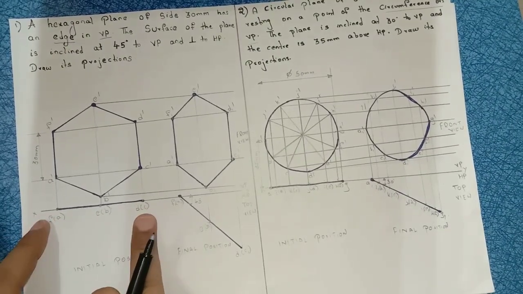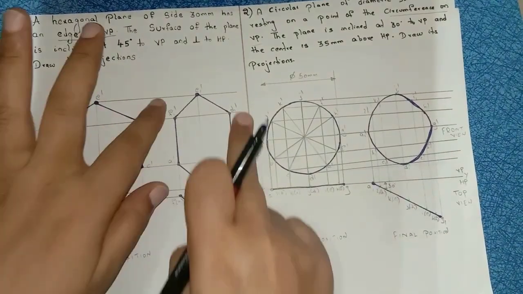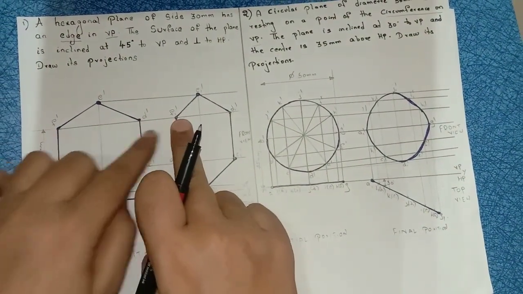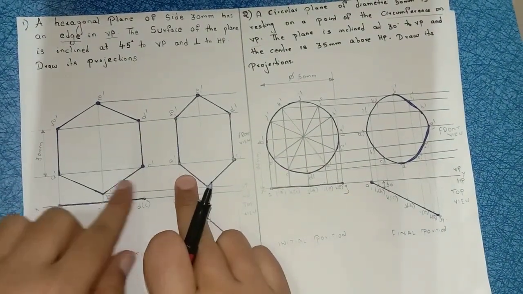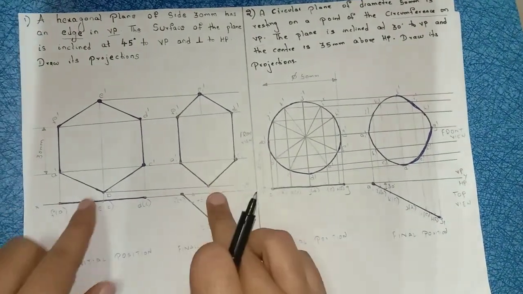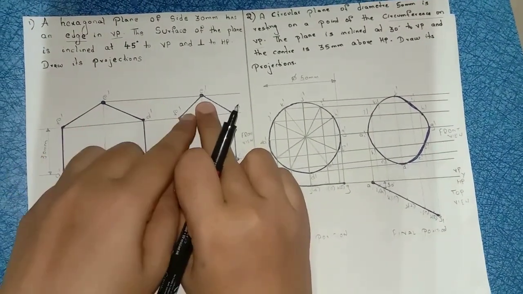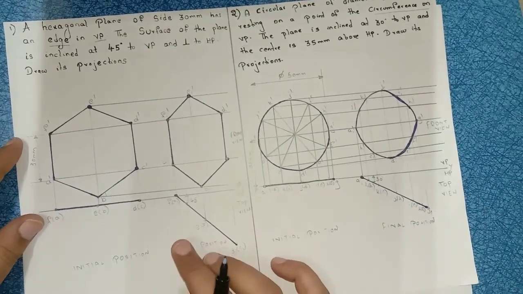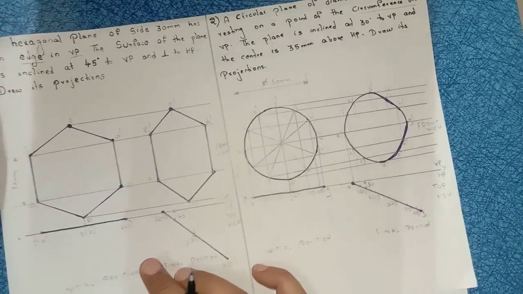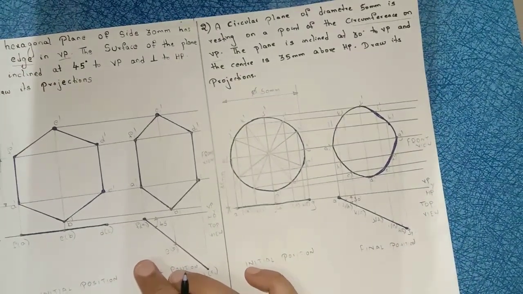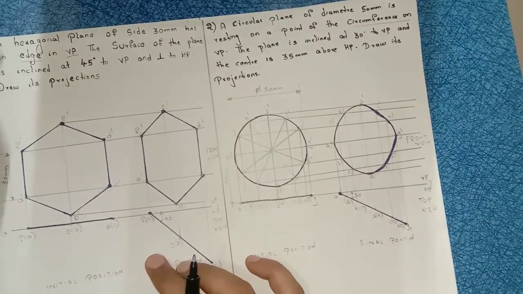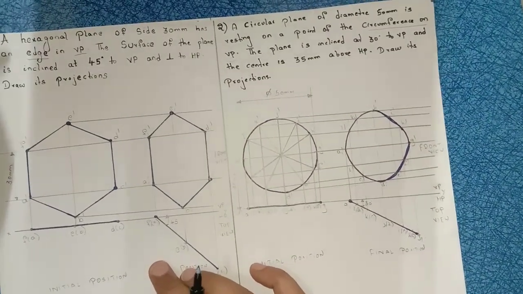We draw this length with that angle and project this one: F to F, A to A, B to B, E to E, like that. So these are very simple problems. In the next lecture we will see how to construct the problems when the question mentions two angles.